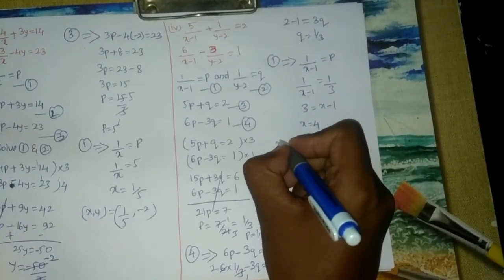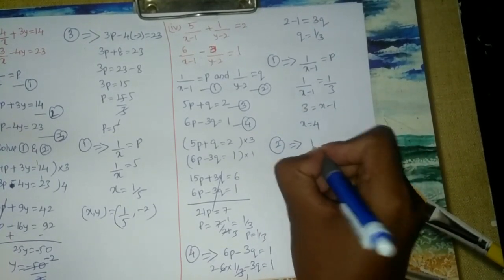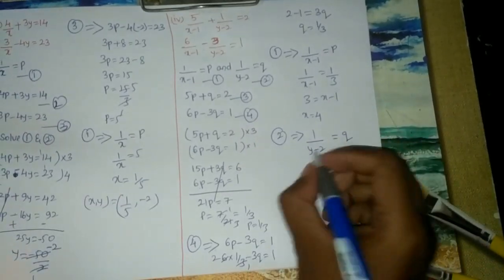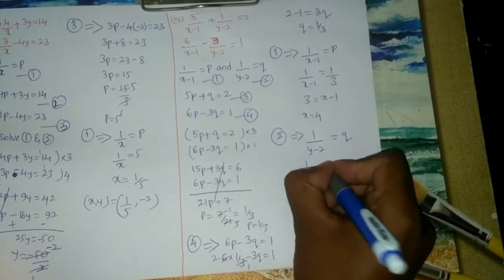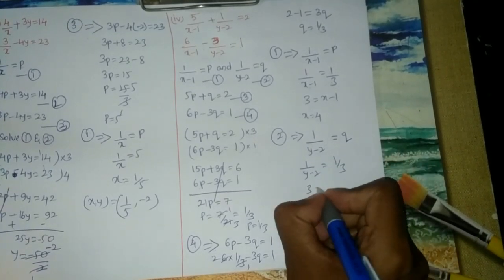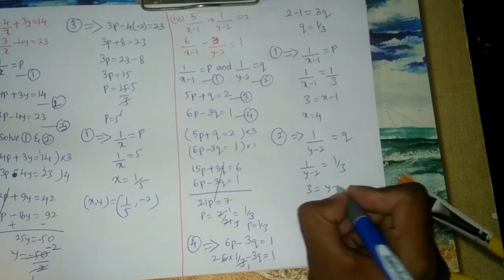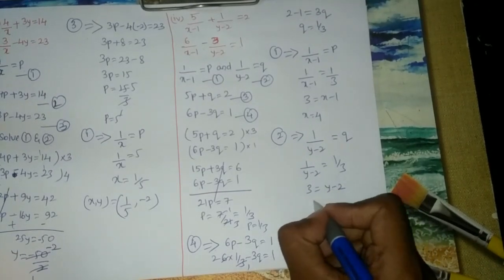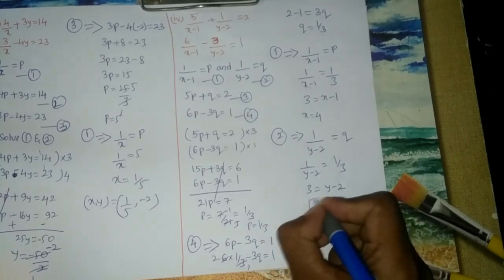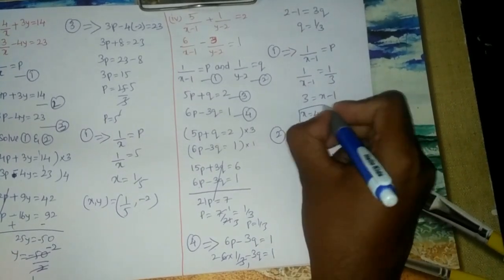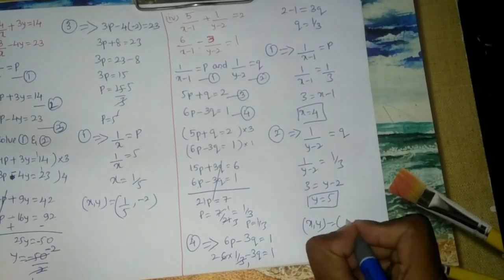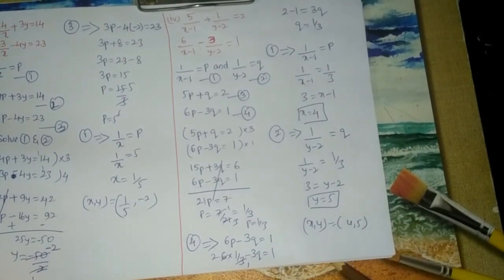Similarly, equation 2 is 1 divided by y minus 2 equals q. The value of q is 1 by 3, cross multiply, you will get 3 equals y minus 2, or y equals 3 plus 2 is 5. And this way we get the value of x and y as 4 comma 5.